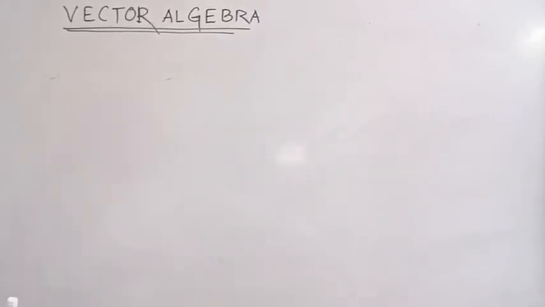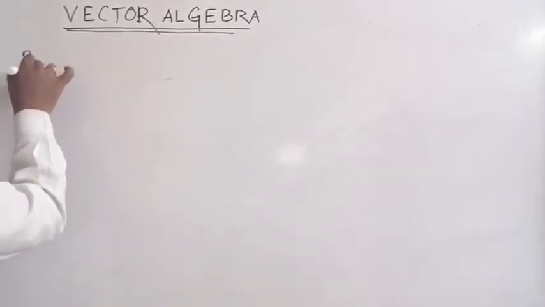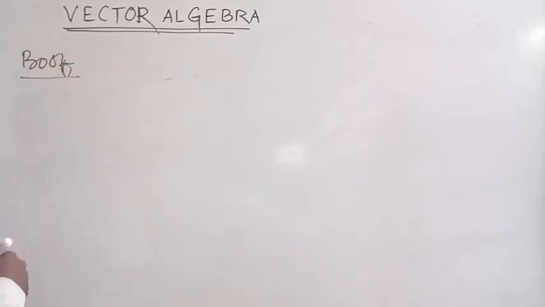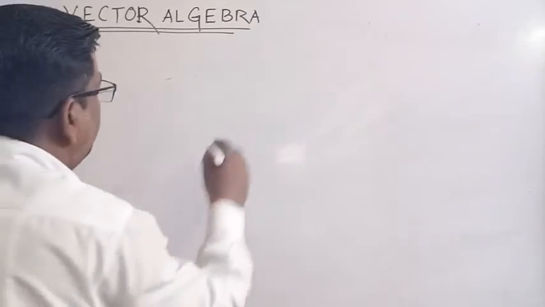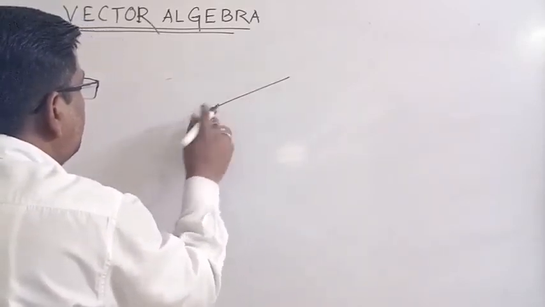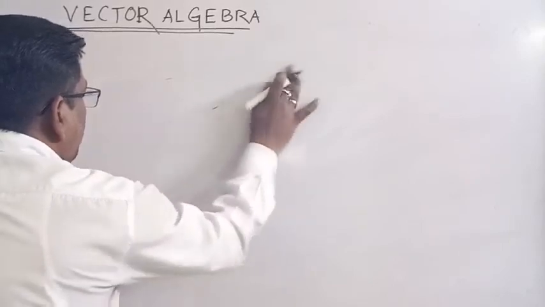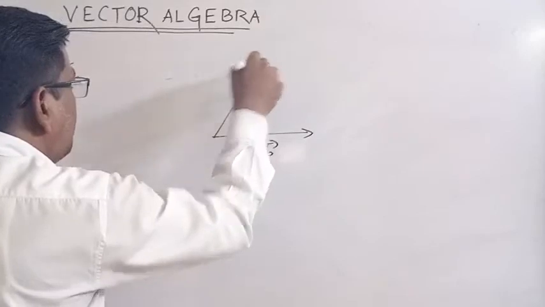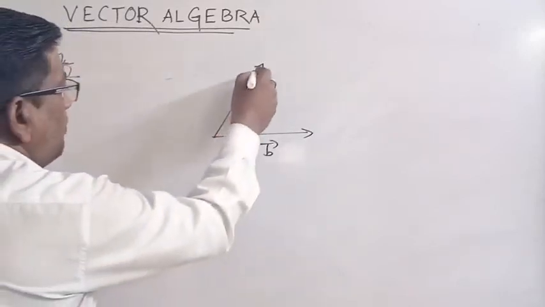Now, proof of this. Suppose this is A vector and this is B vector.